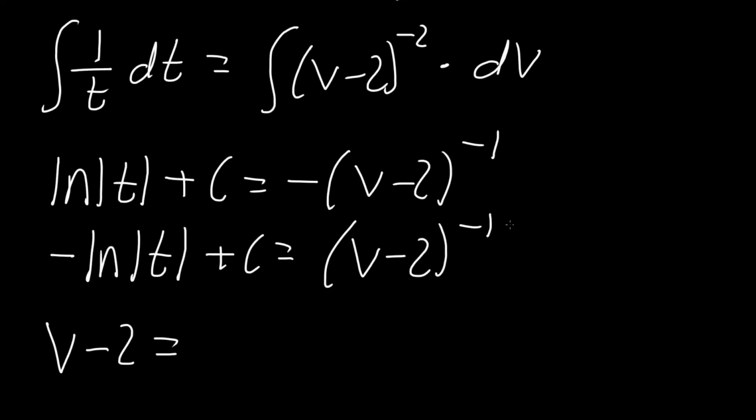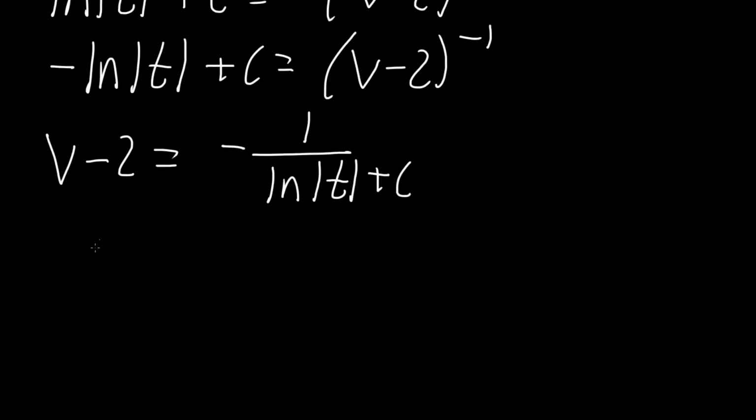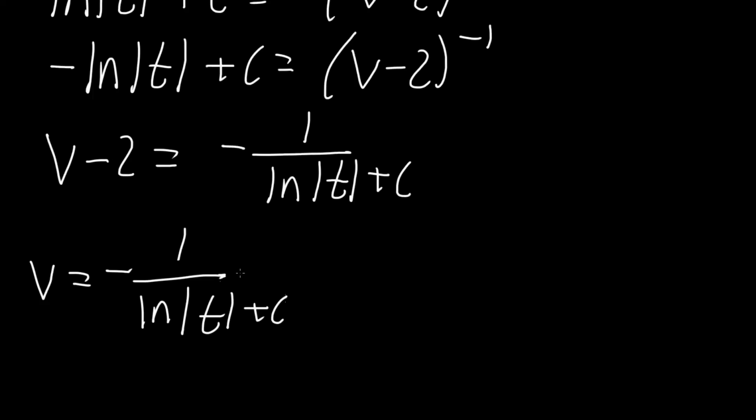If we do times negative 1 here, we have to do it on this side. And we would get negative 1 divided by ln absolute value of t plus c. Next we would distribute this negative 2. We'll say plus 2 here. And so we would get v is equal to negative 1 divided by ln absolute value of t plus c, plus 2.